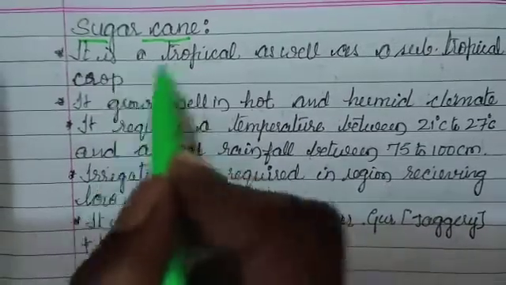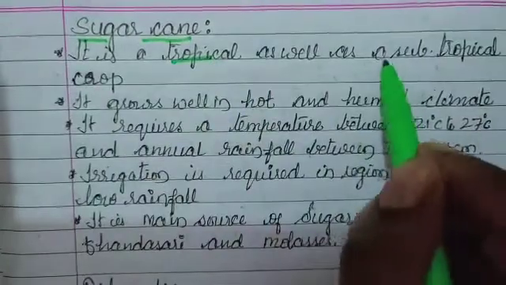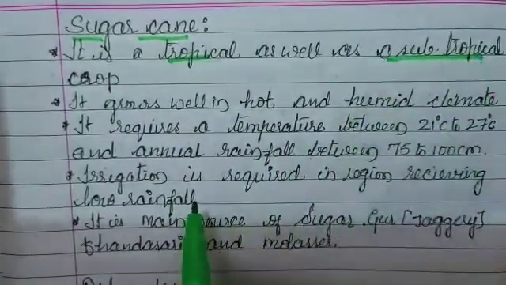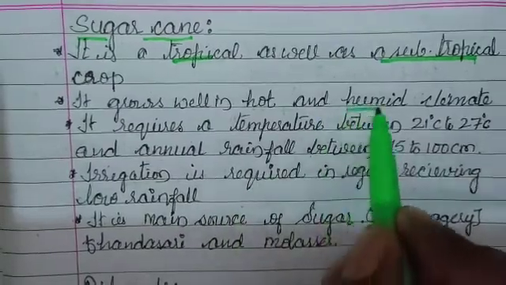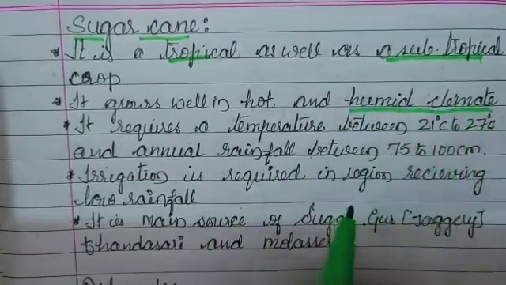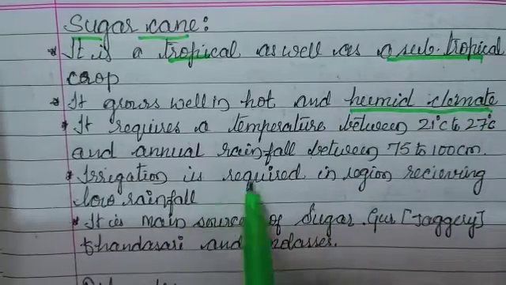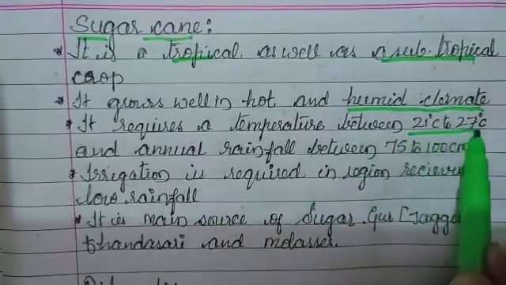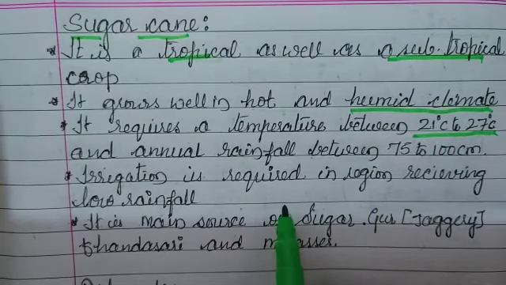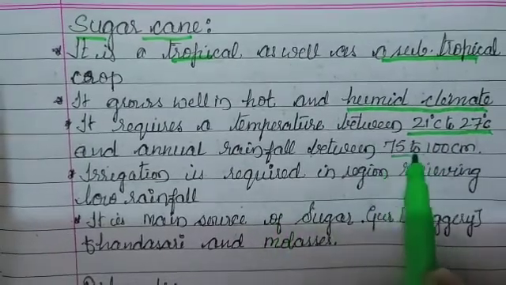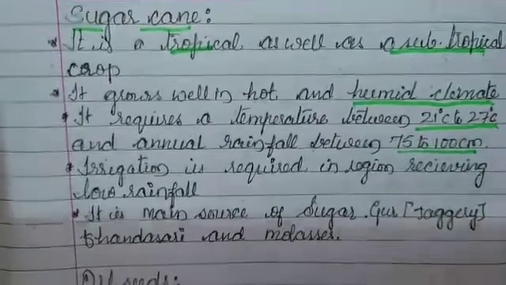Sugarcane is a tropical as well as a subtropical crop, and it grows well in a humid climate. It requires a temperature between 21 degrees Celsius and 27 degrees Celsius, and rainfall between 75 and 100 centimeters.